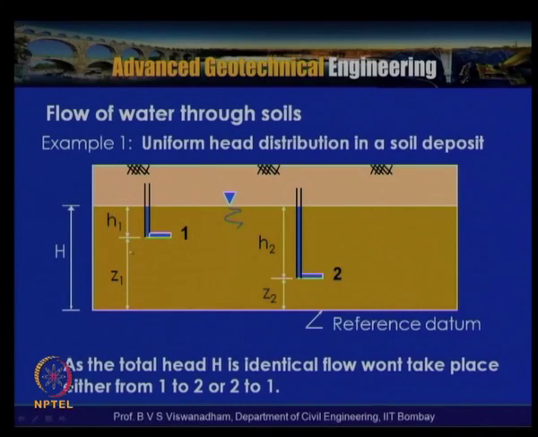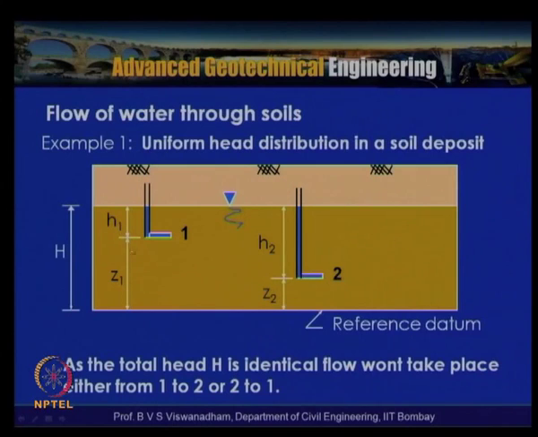The thickness of the soil layer under discussion is H units. The total head at point 1 is the pressure head plus elevation head, which is H1 plus Z1, and at point 2 it is H2 plus Z2.